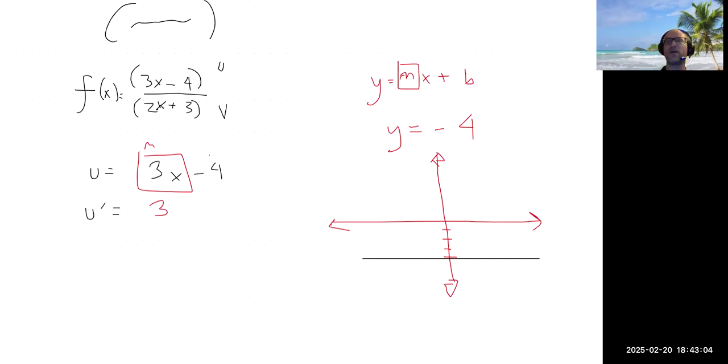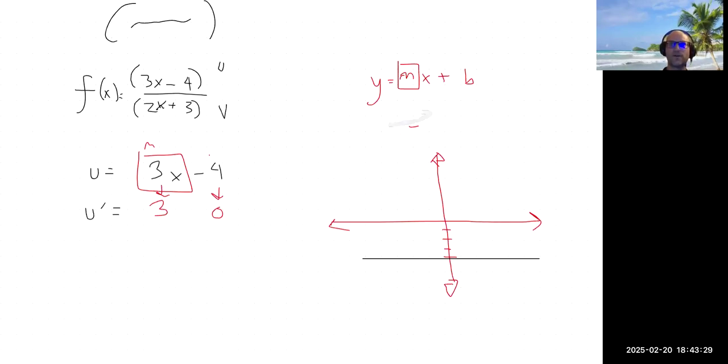It's just a constant, right? And what's the slope of that constant? 0. So when we take the slope of a constant like negative 4, that's just going to be 0. So u prime is 3, exactly.